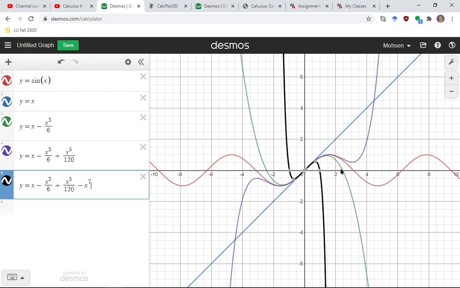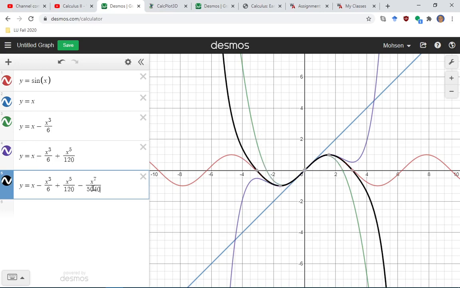You notice that it is doing worse than the other ones, but if I divide it by the right number, I can bring it close, and the next number turns out to be 5040. Notice first that the black one, the new curve, is matching the sine very well all the way up to the first intersection here. This is a very good match for my sine, and later on it deviates.